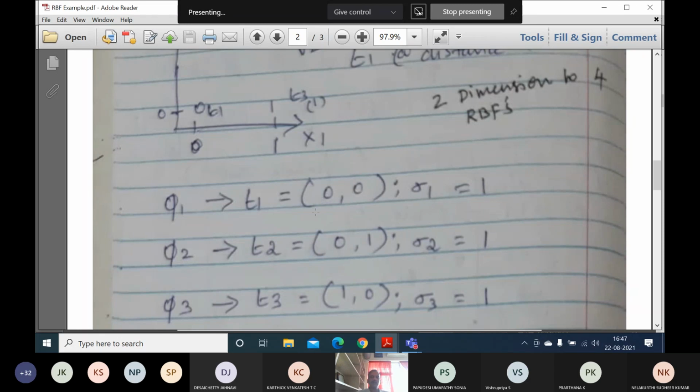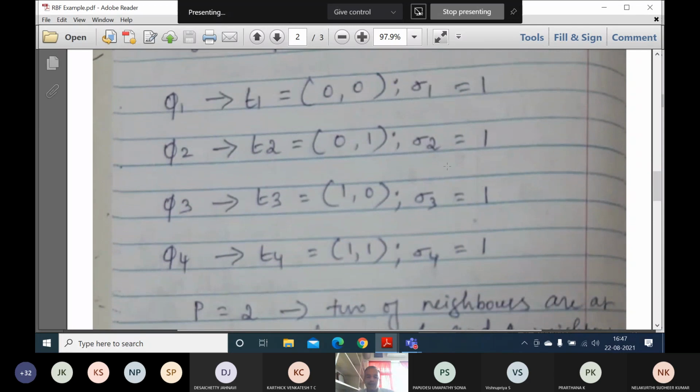So I need only two neighbors; I don't want the third neighbor. For sigma one, two neighbors are at a distance 1, so I'm marking it as 1. T2 is also 0, 1. This is the set of inputs: 0, 0 and 0, 1, 1, 0 are the inputs supplied to the XOR gate. Again T3 is 1, 0 and T4 is 1, 1.